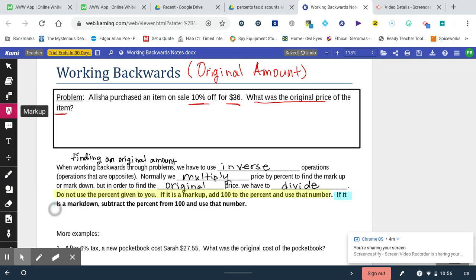If it is a markdown, you want to subtract the percent from 100 and use that number, okay? So on all of these, if you're looking for an original amount, you're either going to be adding 100 or subtracting the number from 100.